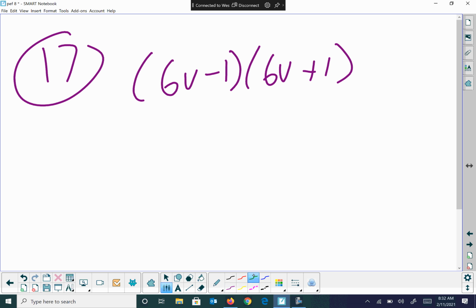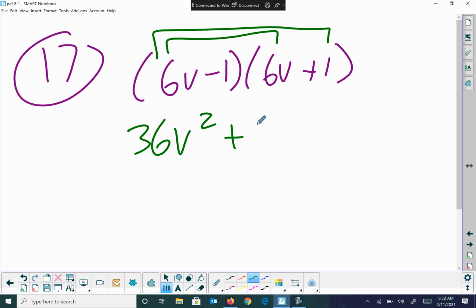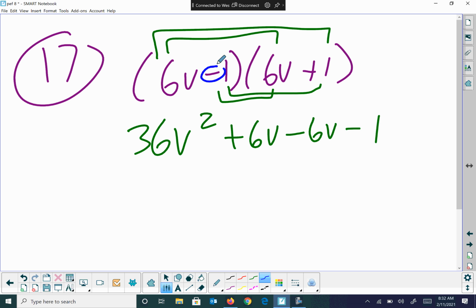And when we do this, we're just going to multiply them together. So I get 36V squared plus 6V minus 6V, and minus 1. Because these are the same binomial, but one sign different, that means the middle terms cancel.